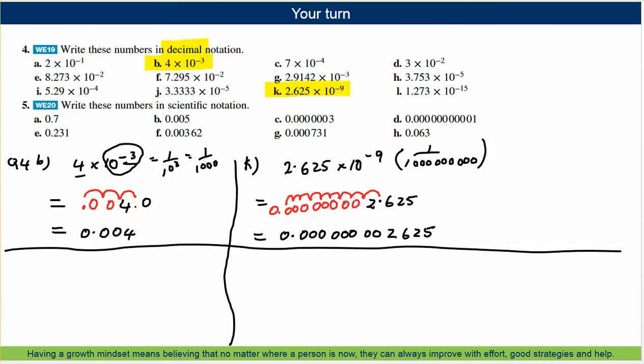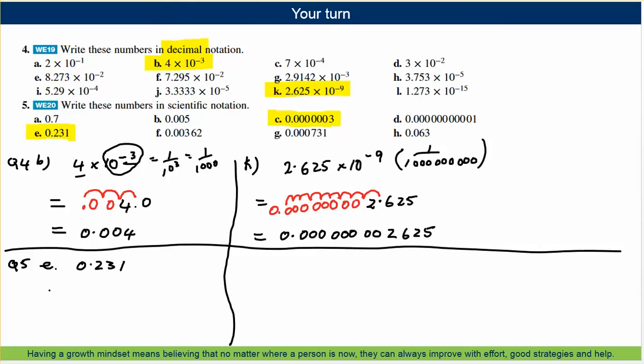Let's do a couple where we convert from decimal form to scientific notation. Let me choose, I'll do E, and I know, doesn't really matter, I'll do C. So let's start with question 5, E. We've got 0.231.